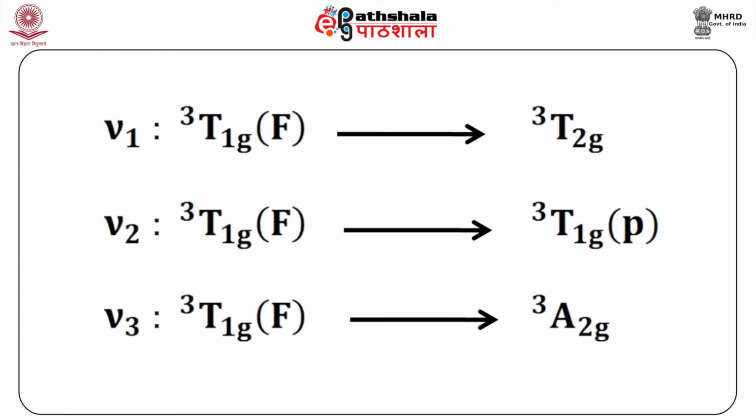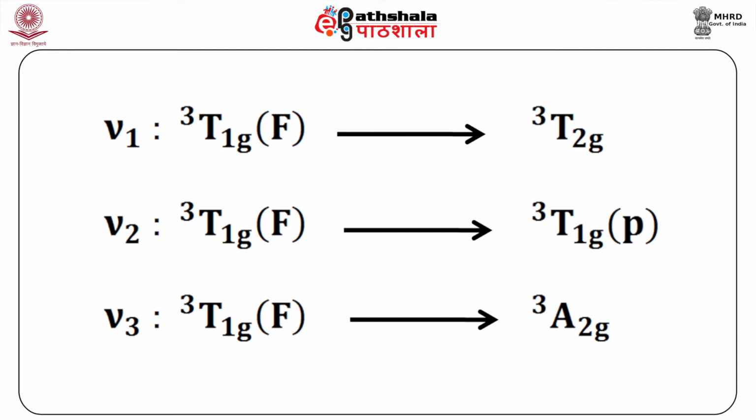These lead to three transitions as follows. Nu1 corresponds to triplet T1g(F) to triplet T2g. Nu2 corresponds to triplet T1g(F) to triplet T1g(P). Nu3 corresponds to triplet T1g(F) to triplet A2g.